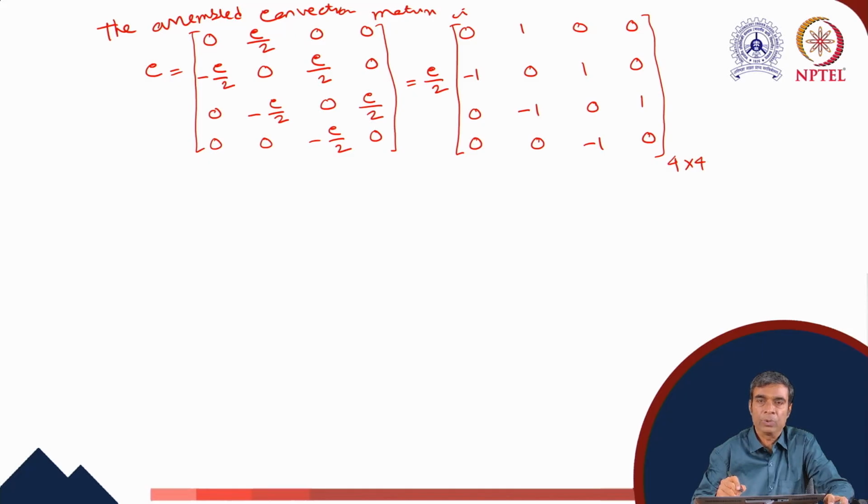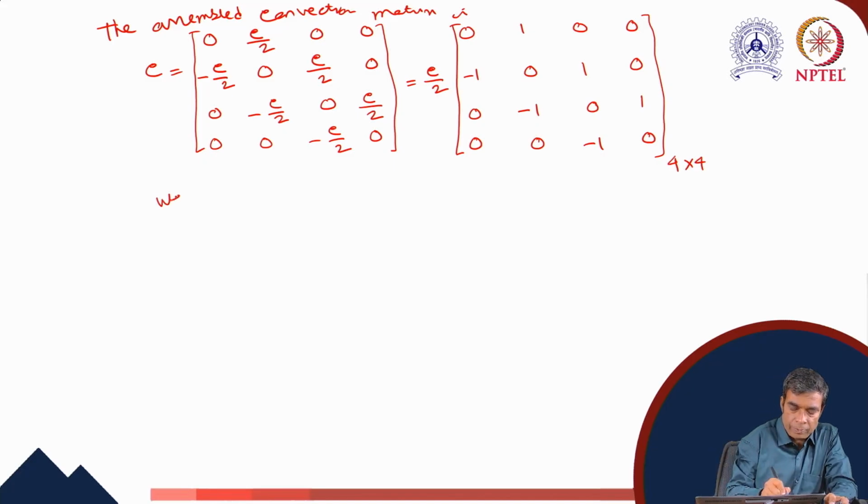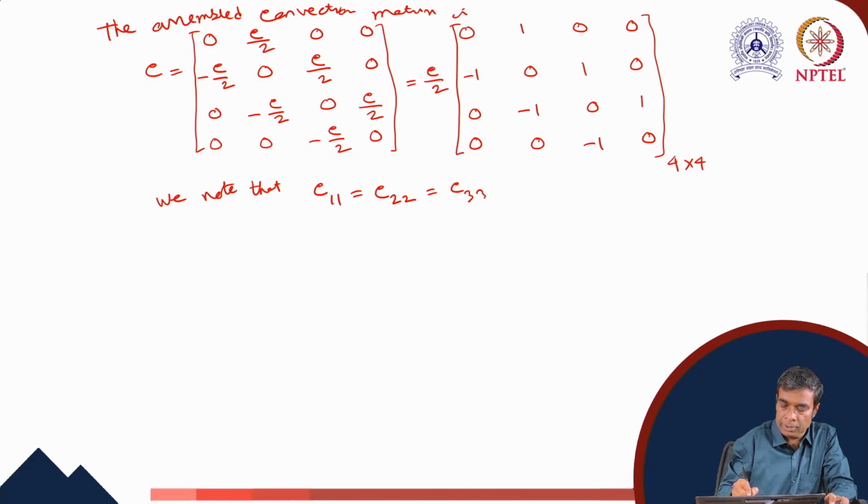It is very interesting to see that all the diagonal terms are 0 and Cij equals to minus Cji. So this represents that the global matrix for convection is a skew-symmetric matrix. We note that C11 equals to C22 equals to C33 equals to C44 equals to 0 and Cij equals to minus Cji.